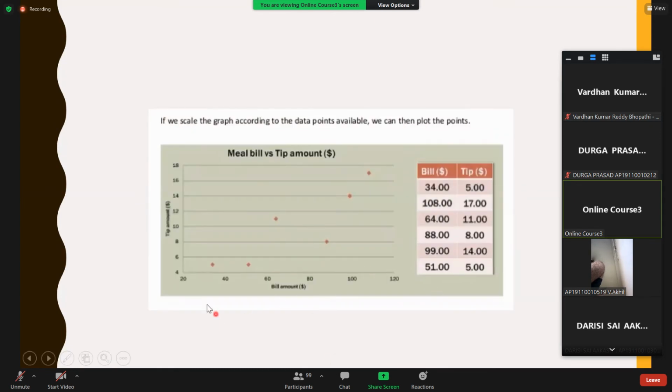Based on the two attribute values, these are the data points plotted on this graph. Now we have to develop a linear regression model such that it will fit best to all these points.